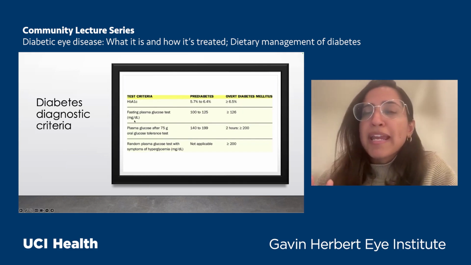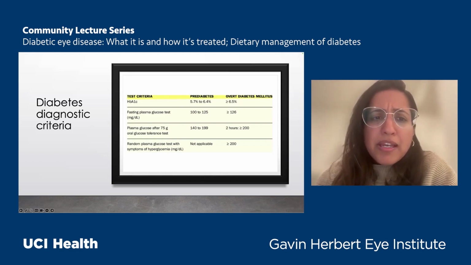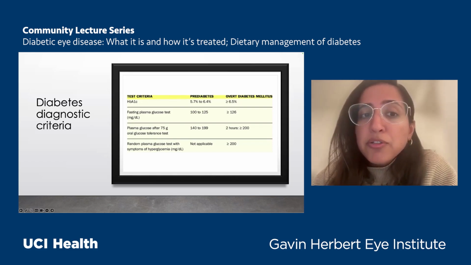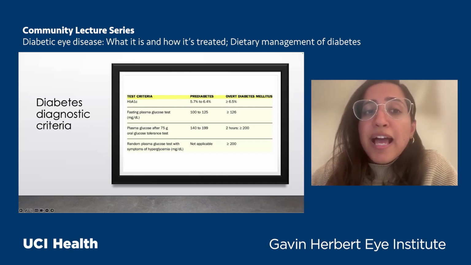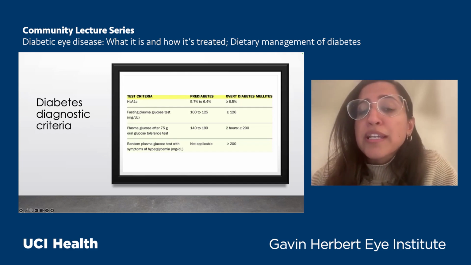This is usually about 8 hours fasting. Your blood glucose after a 75-gram oral glucose tolerance test, which is a liquid solution that they give you at the lab, and they check your glucose 2 hours later. If the glucose is greater than 200, that would help with diagnosis of diabetes.